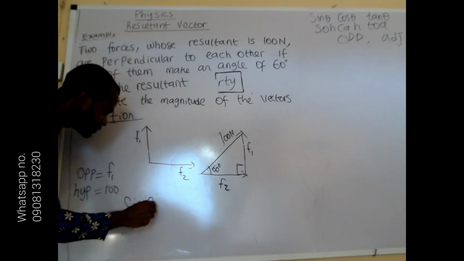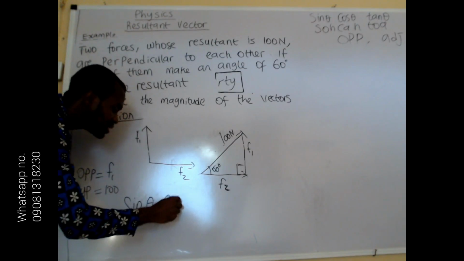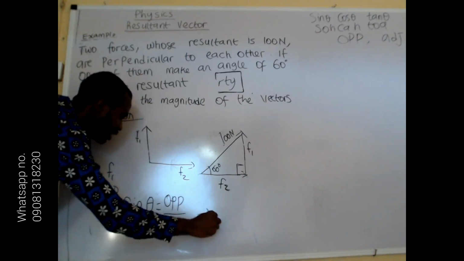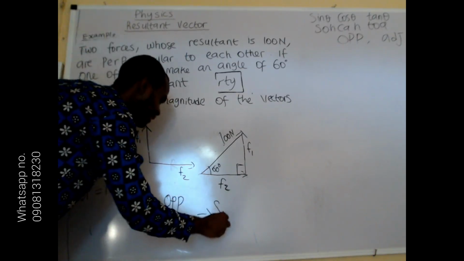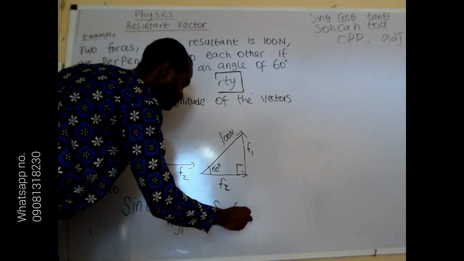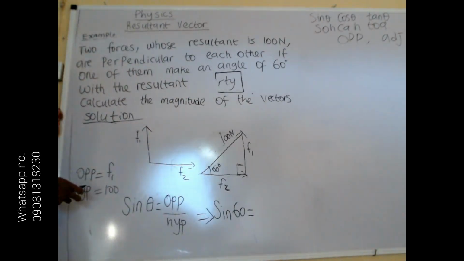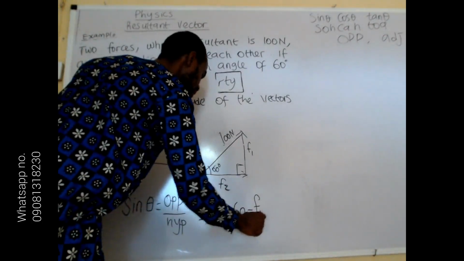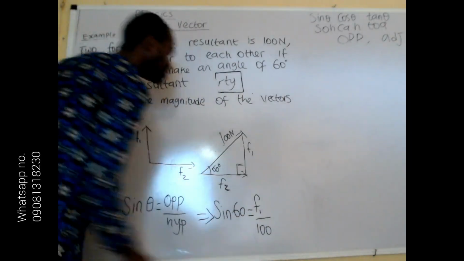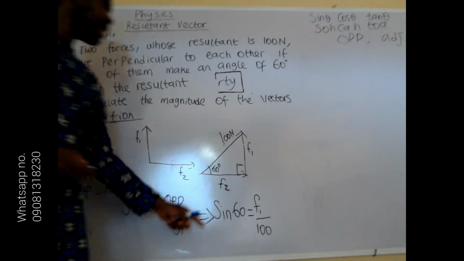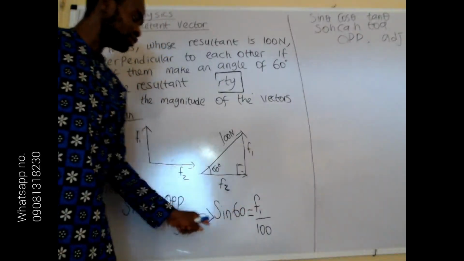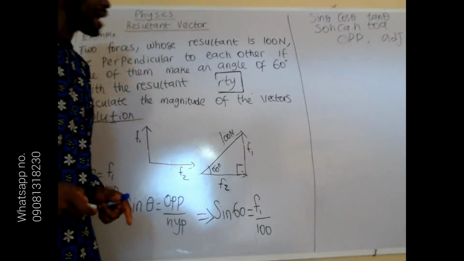Sine theta is equal to opposite over hypotenuse. Our angle, our theta in this question, is 60. Our opposite side is F1 and our hypotenuse side is 100 Newton. Now, to get F1, you simply multiply both sides by 100.